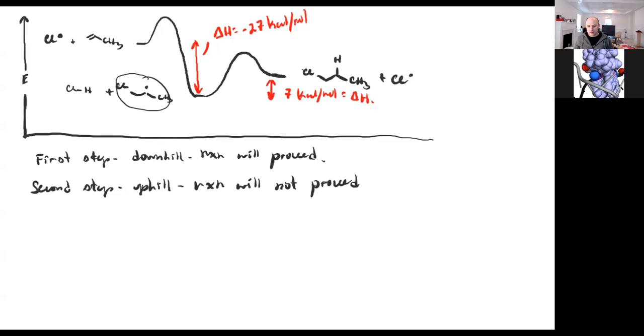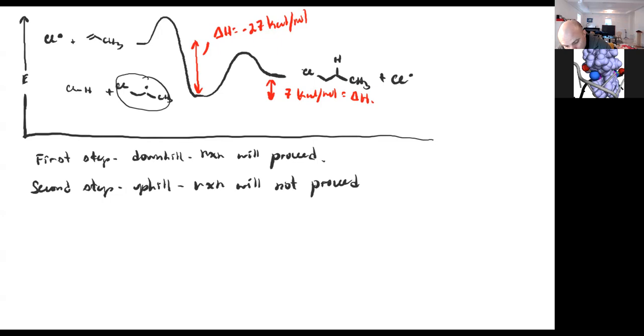And I want to wrap this up because I don't want to spend the whole lecture on it. So this has been a thermodynamic discussion. We're talking about energies of intermediates, of starting materials and products. We haven't said anything about the transition states, okay? And the transition states, again, tell us how quickly the reaction will proceed.